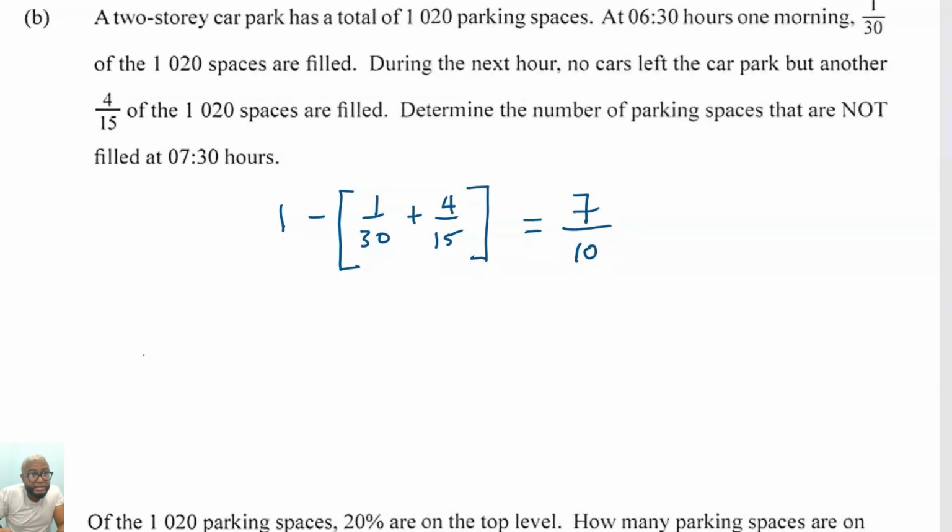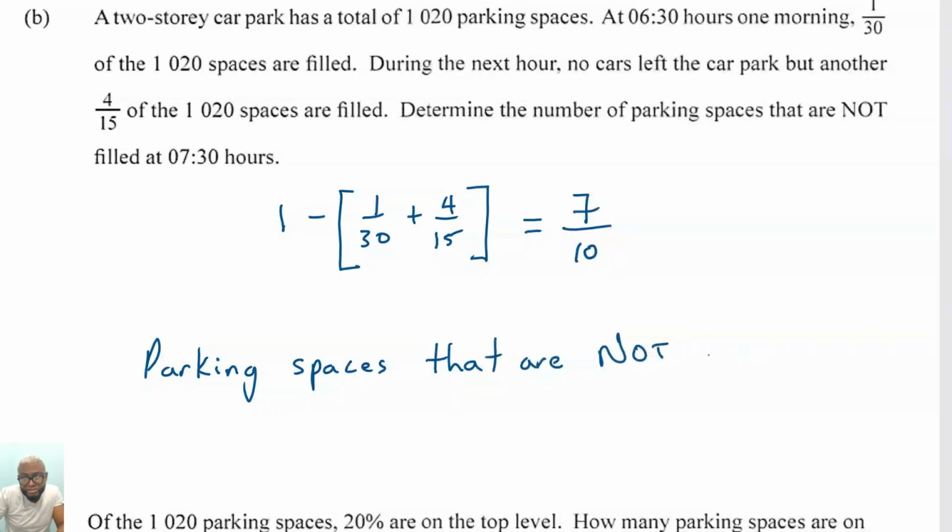So parking spaces that are not filled would be equal to 7/10 of 1,020. Well, you can say over 1.